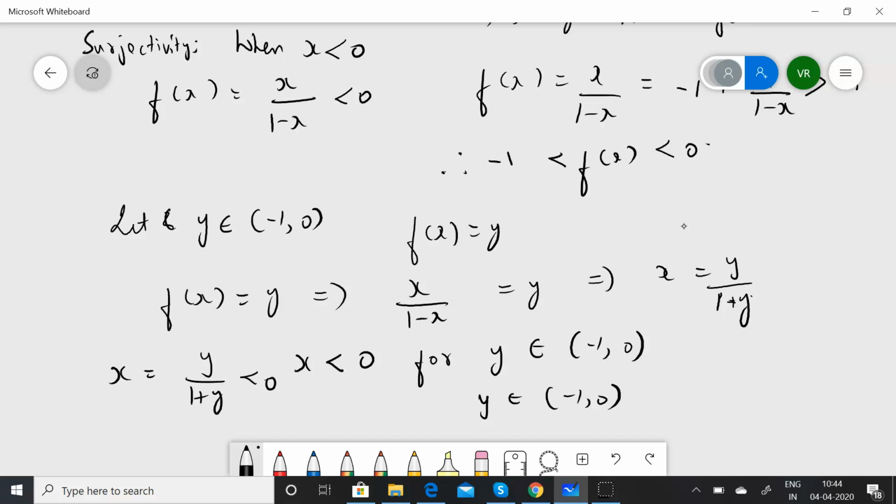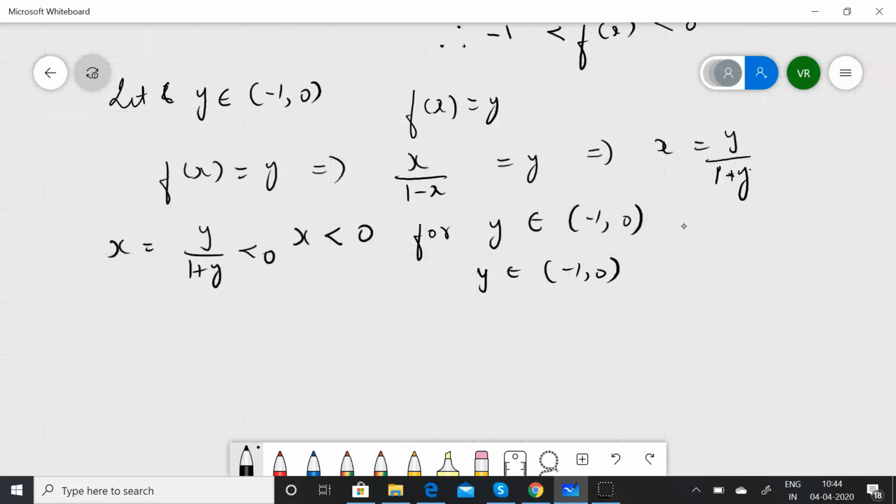So f is an onto function from minus infinity to 0 to minus 1 to 0. Hence it is one-to-one and onto function.